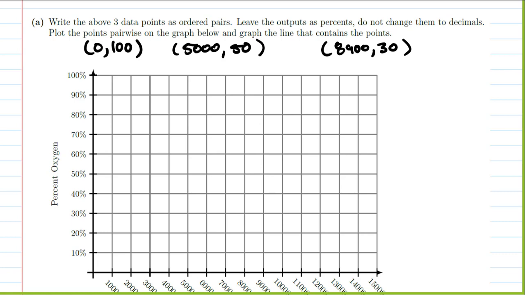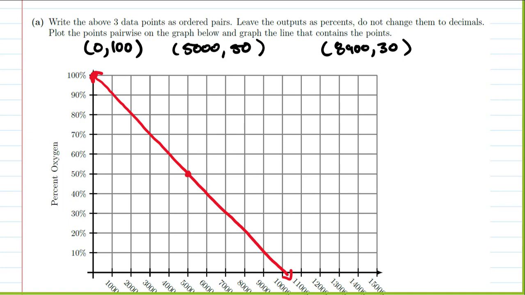So we're going to graph each of these pairwise and then connect the dots with those lines. Our first one is at 0, we have 100%, and then at 5,000 meters, we are at 50%. If I connect the dots, that gives me the line through those 2 points.